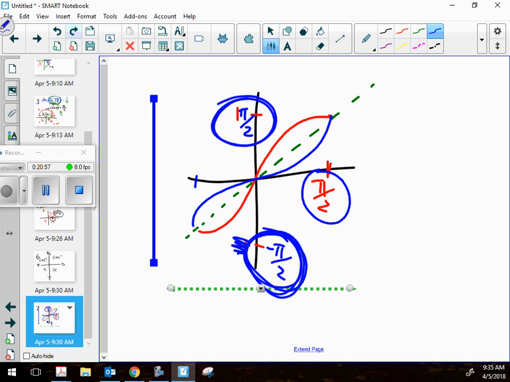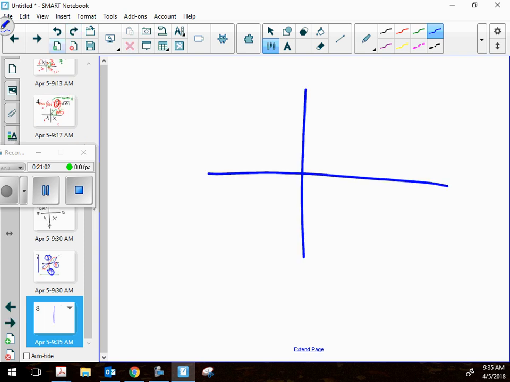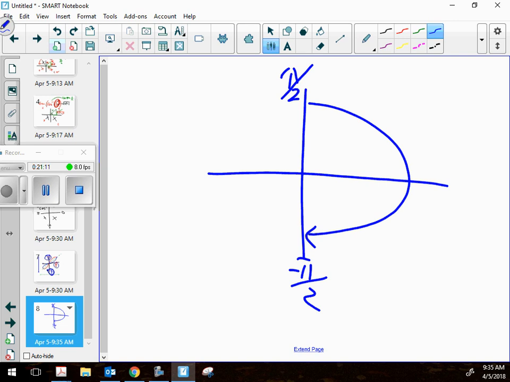Does that sound familiar from this picture where I said inverse sine is only allowed from pi over 2 to what? Negative pi over 2? And inverse sine's only allowed in there? That's why.